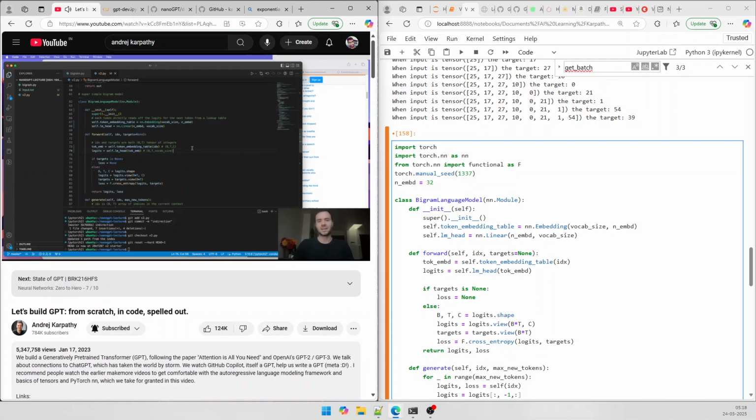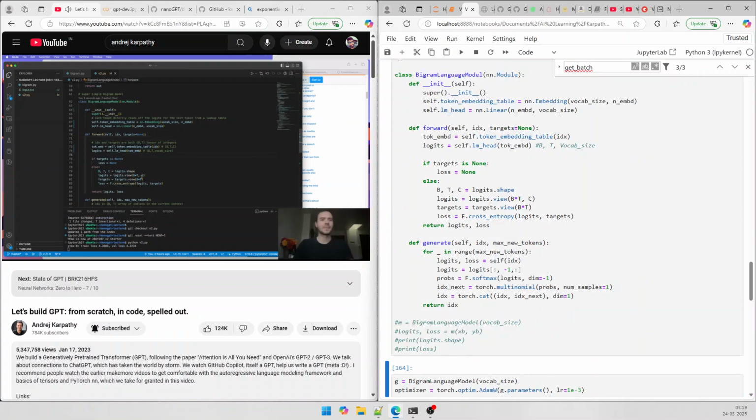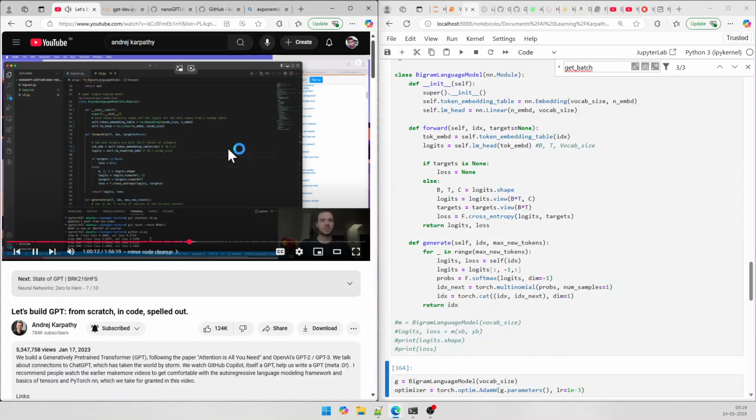So let's just say that nembed is equal to C. And then this just creates one spurious layer of interaction through a linear layer, but this should basically run. So we see that this runs, and this currently looks kind of spurious, but we're going to build on top of this.